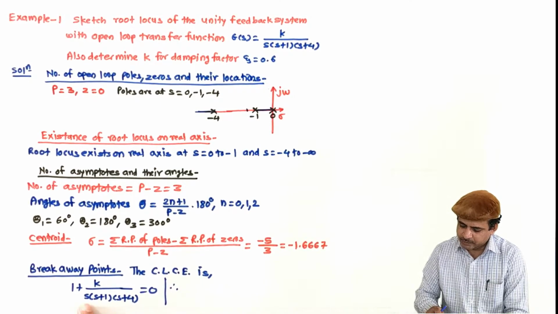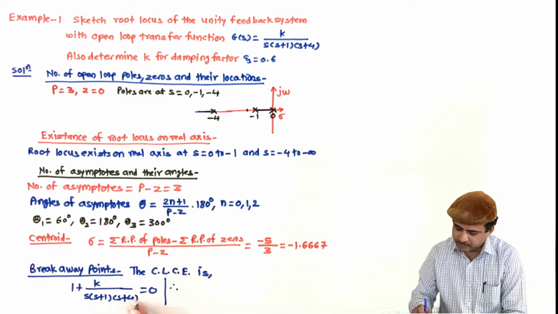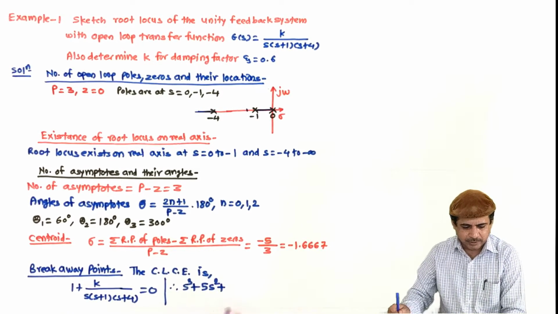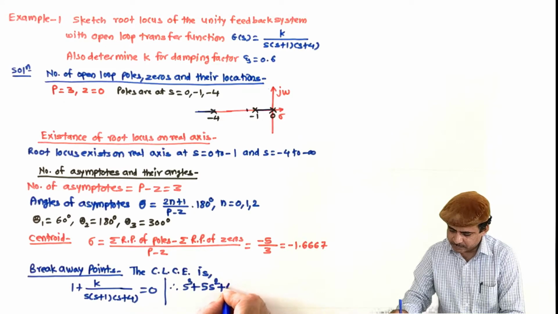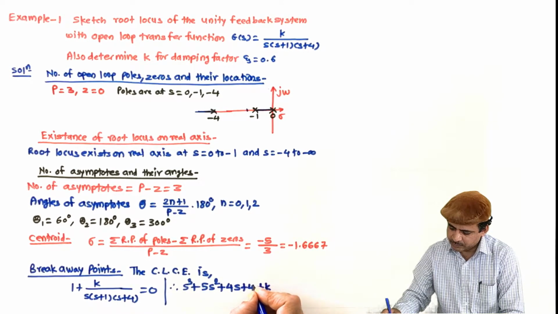So this is s cube plus 5s square plus 4s plus K equal to 0.